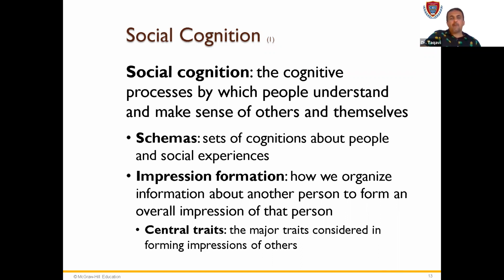We have different words to use for categorizing people in different clusters, in different groups of characters of personality as the central traits. In impression formation, we use central traits, the major traits considered in forming impressions of others.